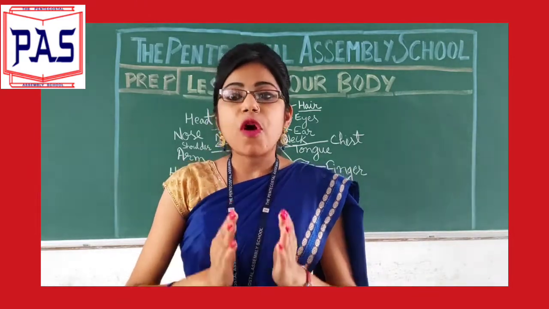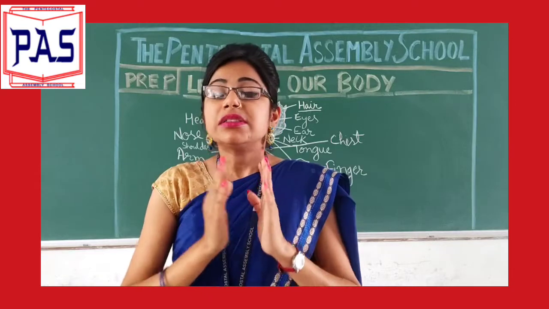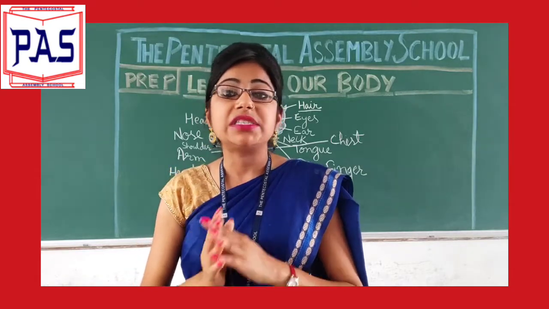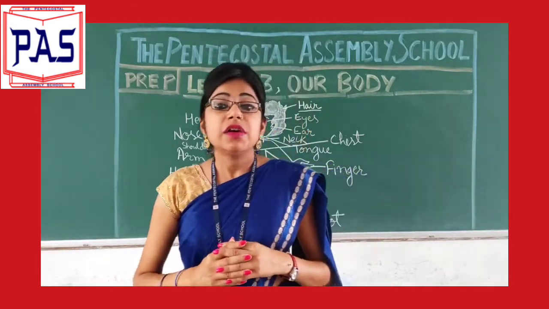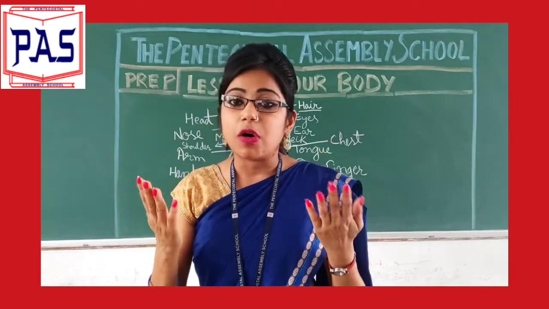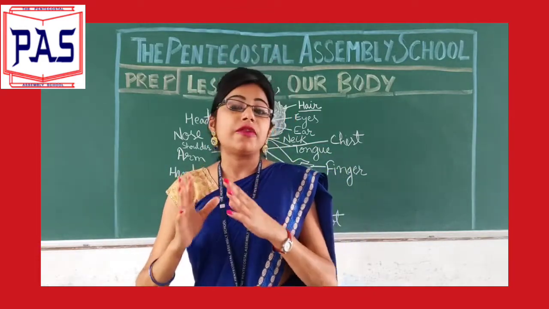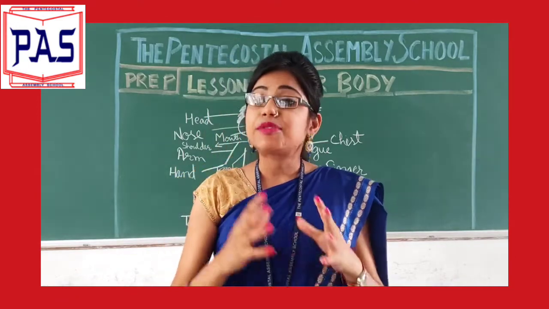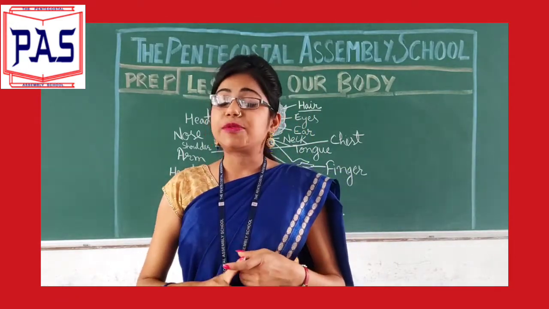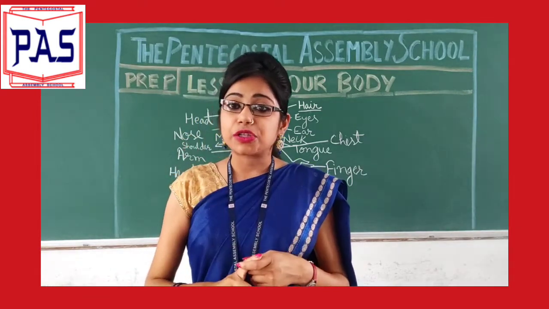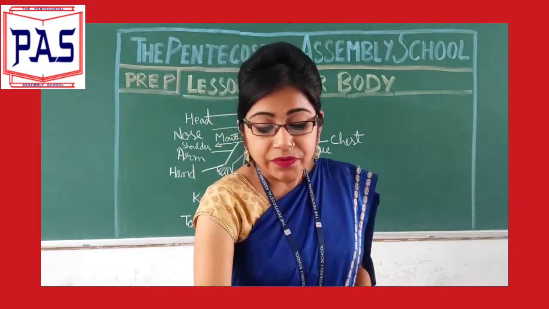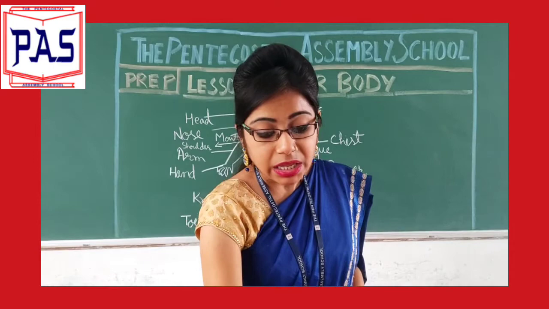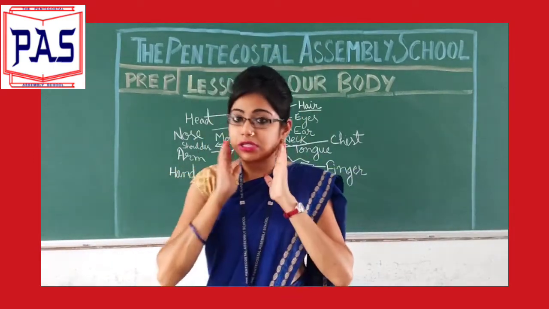The question is, what do you understand by sense organs? The organs, or the parts of our body, which help us to see, to hear, to taste, to feel, and to smell are called sense organs.